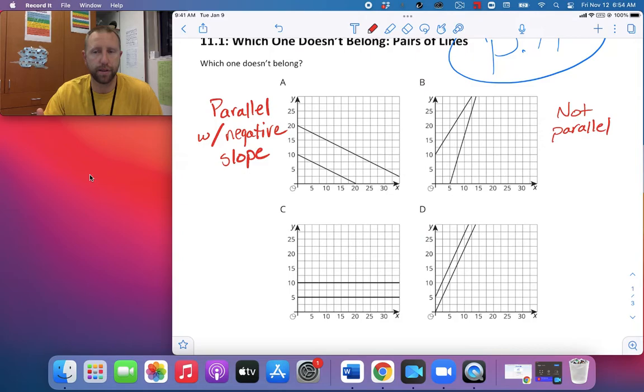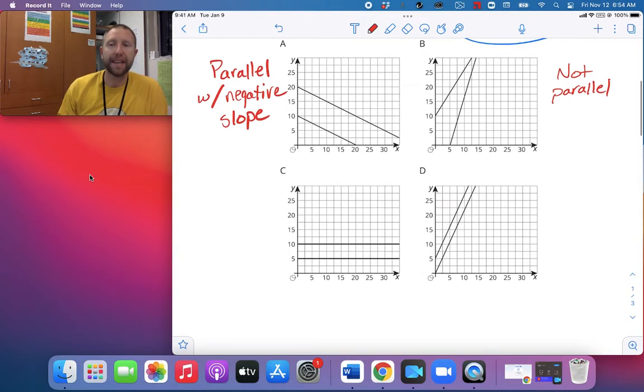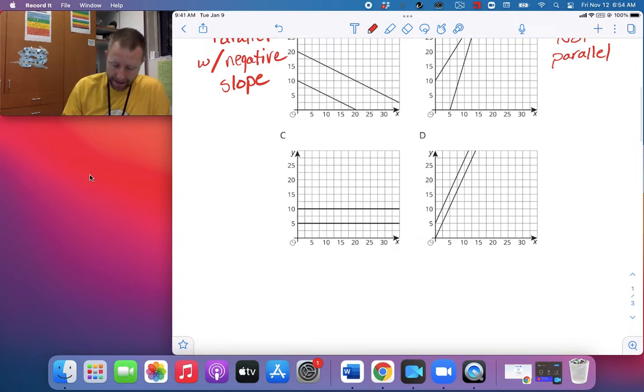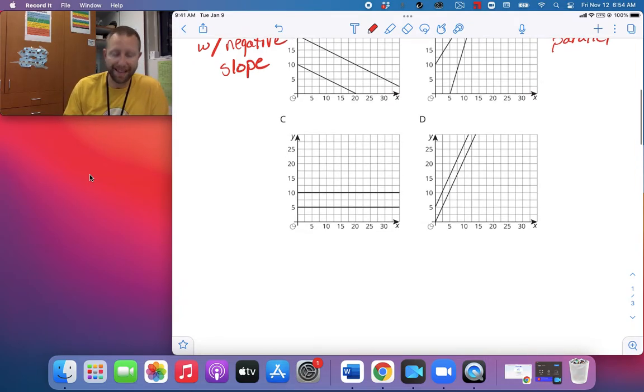I mean, these ones are obviously not parallel, but even for A and C and D, to prove that two lines are parallel, remember you just check to see if they have the same slope. Okay, so these ones, if I check them, they would not have the same slope. We can see that.